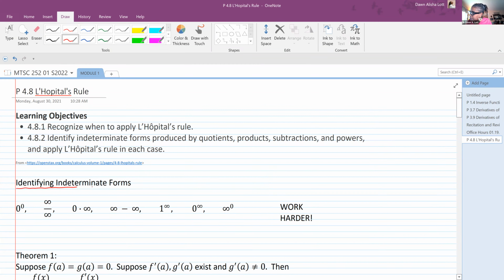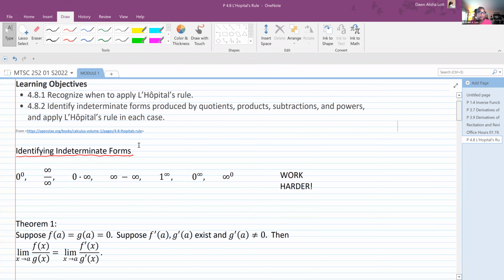All right, so we're going to be identifying indeterminate forms. And the indeterminate forms are in the form of 0 to the 0th power. That does not have a value. Infinity over infinity does not have a value. 0 times infinity does not have a value.